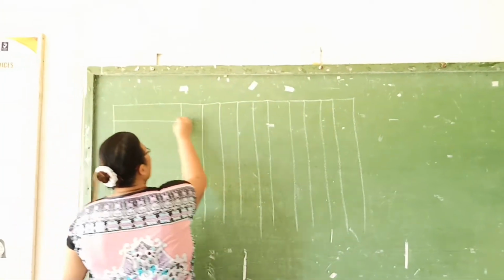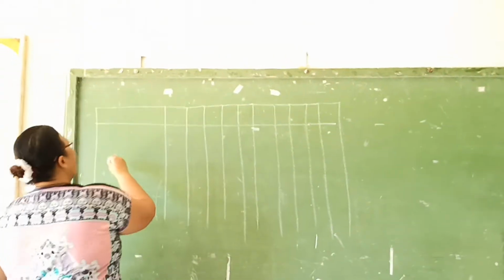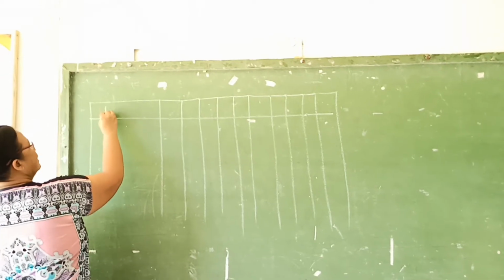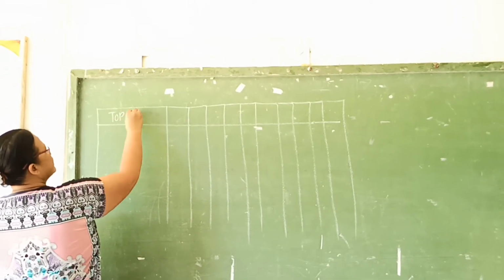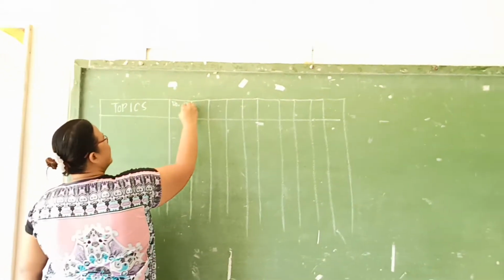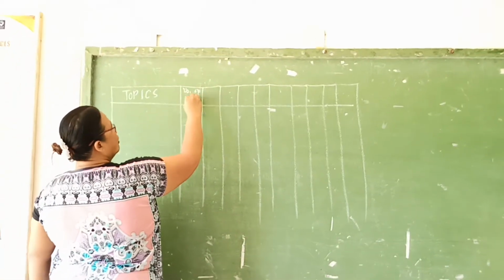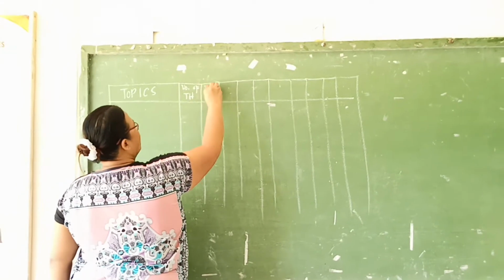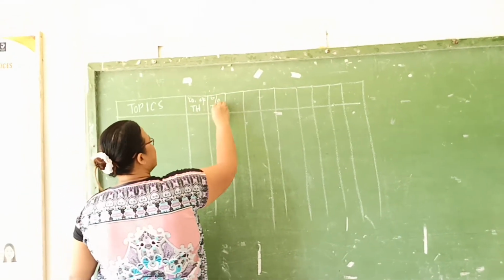So 11 columns, wherein each of the columns is named as follows. The first column will be your topics. The second column will be the number of teaching hours. The third column will be the percentage of the teaching hours.